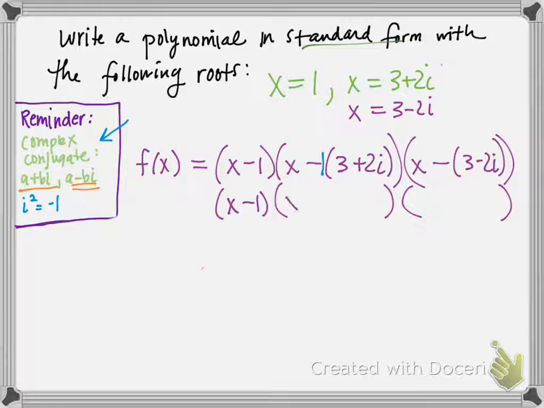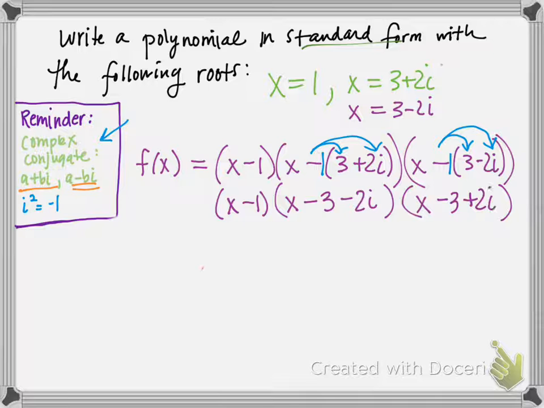My second factor, I have x, and if I distribute a -1 to both terms, -1 times 3 is -3, -1 times 2i is -2i. My third factor, I'm going to distribute that -1 again to both terms. So I have x, -1 times 3 is -3, and -1 times -2i is positive 2i.